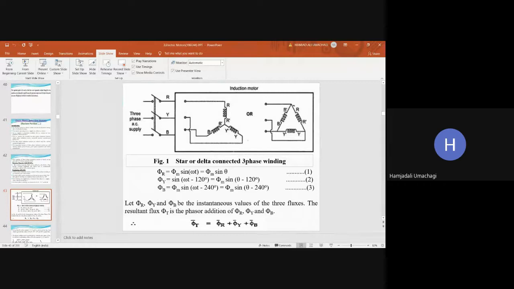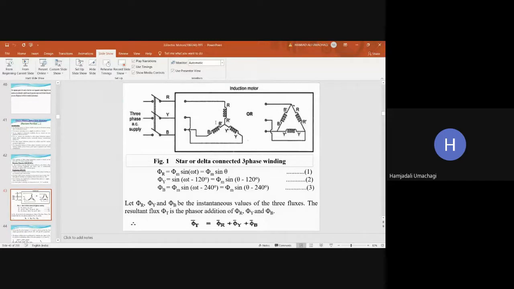As I told you, all the three-phase windings produce the rotating magnetic field, and the value of the flux along the R axis is φr = φm sin ωt.